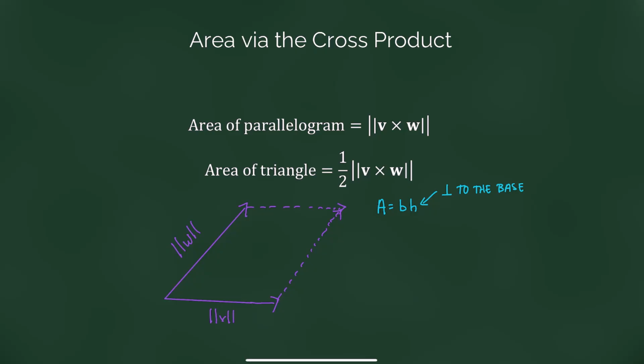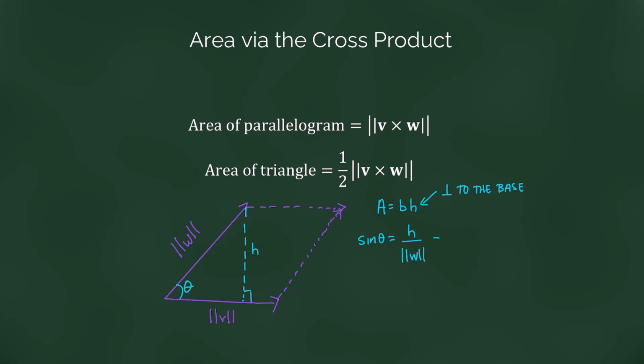So what we can do is we can drop a height right here, perpendicular to our base. We'll call that h. Then we have this angle here, theta, which is the angle between our two vectors v and w. We know from trigonometry that the sine of theta is opposite over hypotenuse, so that's h over the magnitude of w.